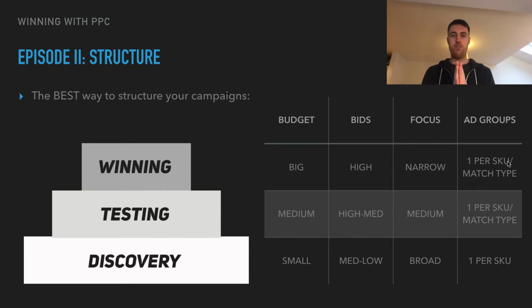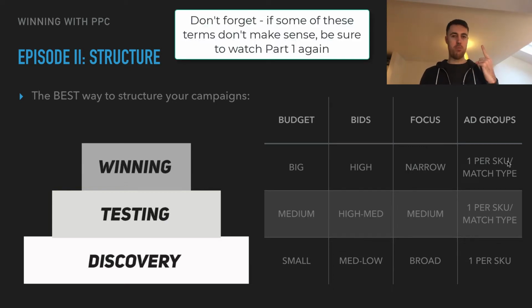So for instance, if you just have one product, no variations, this is going to be much easier for you. If you've ever wondered how do I run PPC with variations, you're about to find out. But if you just have one variation, much easier, because all you need to do is one ad group for each match type. So you do a phrase ad group, an exact ad group, and a broad ad group.